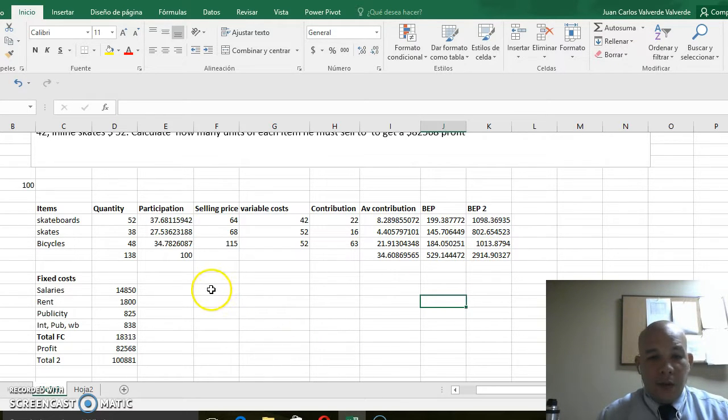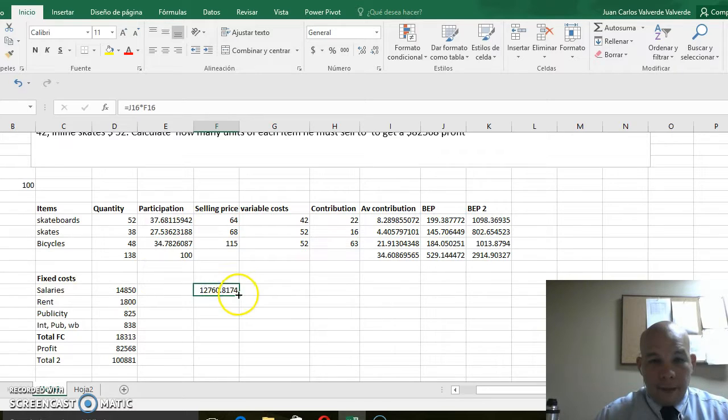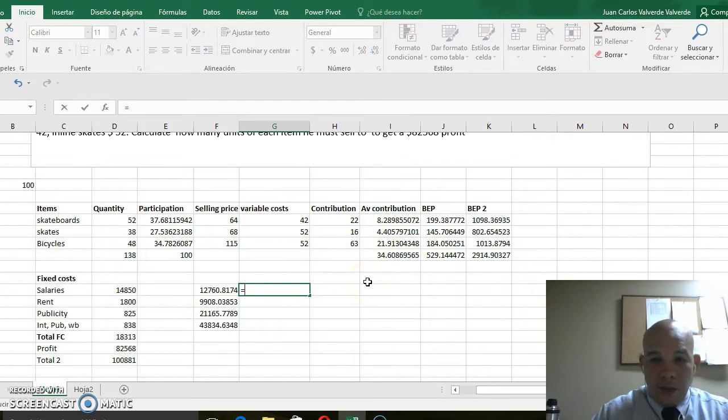Now, how do we verify this is right or wrong? Easy. We multiply the break-even point times the selling price of each item, and add it up. Here we do something similar, but we don't multiply with the selling price.